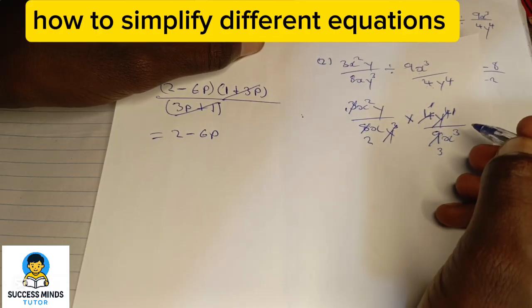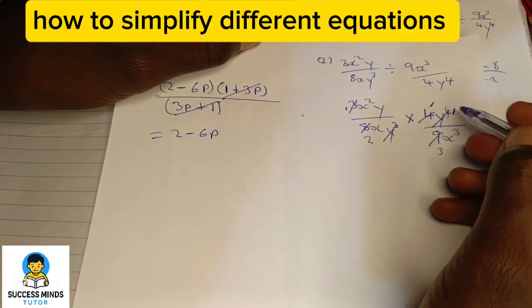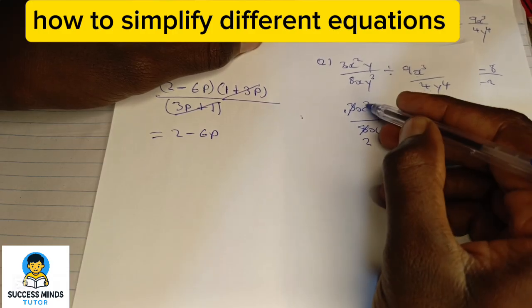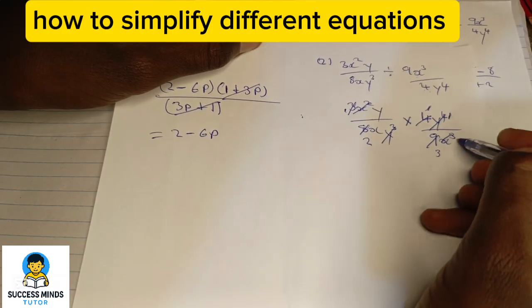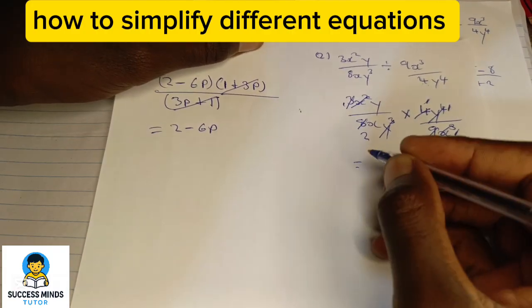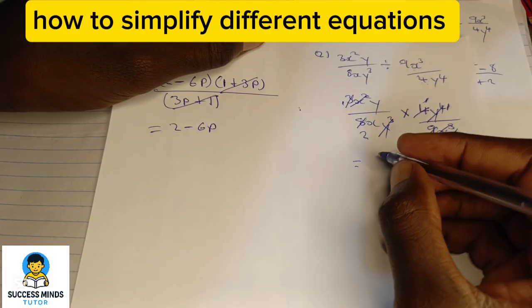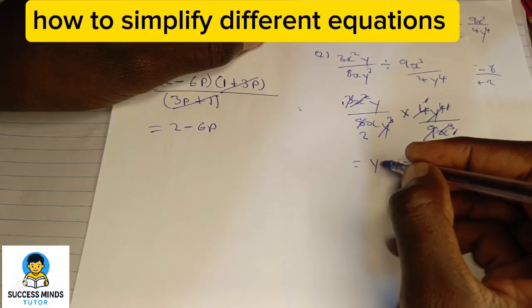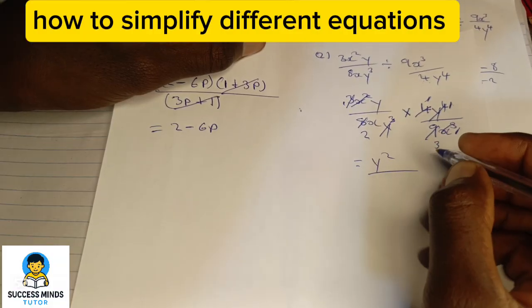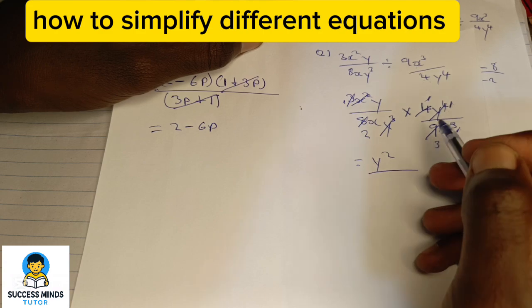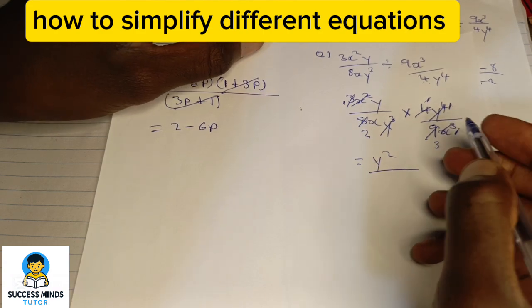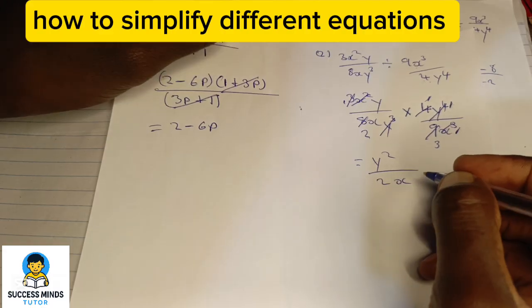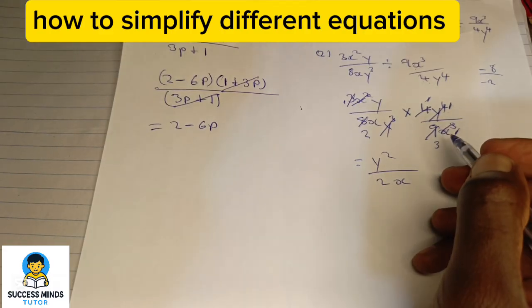Now we have x, so x goes into x and we remain with 1x there. So we have y squared over, under here we only have 2x.